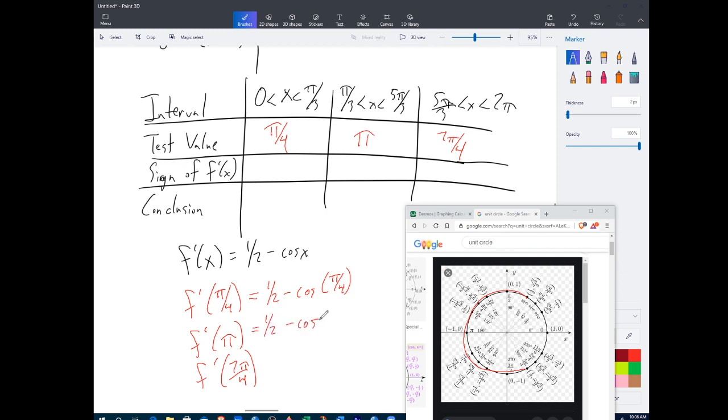But let's set all these up. And from the unit circle, we're going to pay attention to the x values on each of these. So at pi over 4, at pi, and at 7 pi over 4.